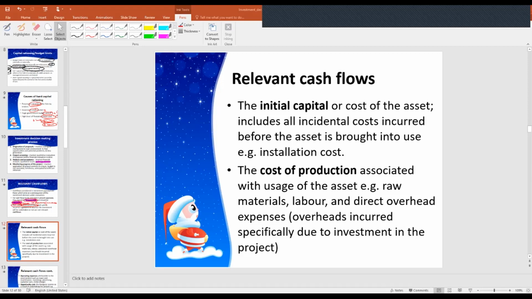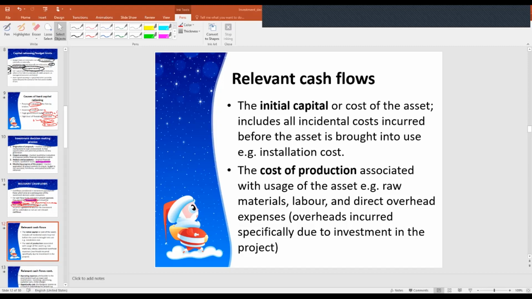So the cost of making those units, raw material, labor, the cost of electricity and water, you need to quantify them. The fixed cost and the variable cost arising out of your purchasing this new machine: the cost of production.